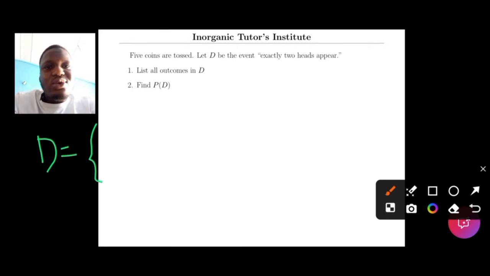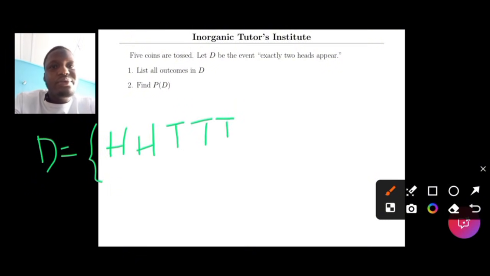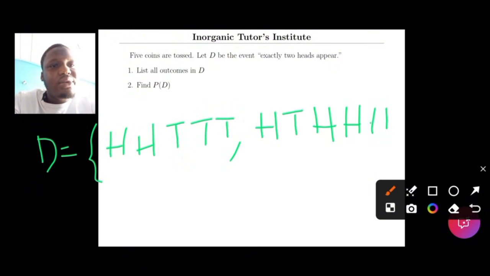So the first one can be head, the second one can be head, and the remaining ones can be tail. Or the first one can be head, the second one can be tail, and the remaining ones can be head. Remember, we can have a maximum of 2 heads.